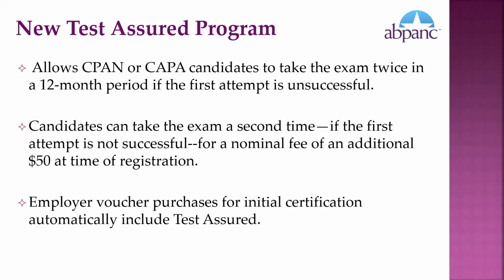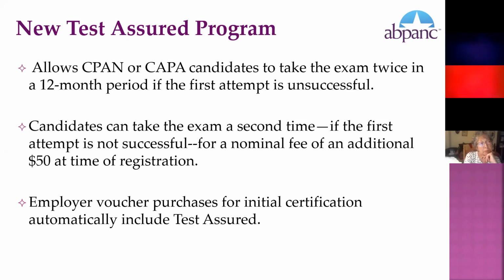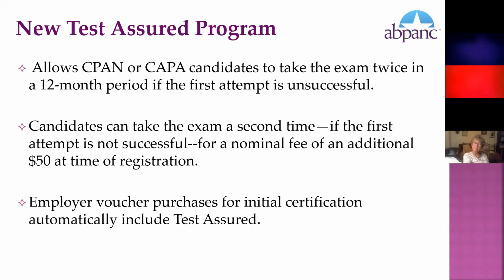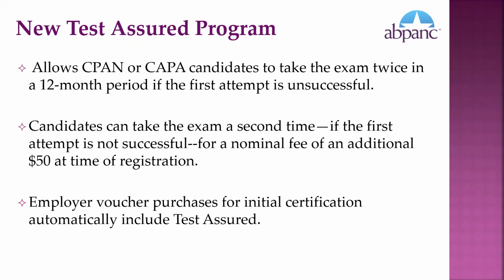I should mention that because this is a new program, if you have somebody who comes up to your table and says, I rolled over my registration from the spring or last fall, and can I take advantage of that? Unfortunately, because of the way our system is set up, it's only eligible for new applications starting July 2019.